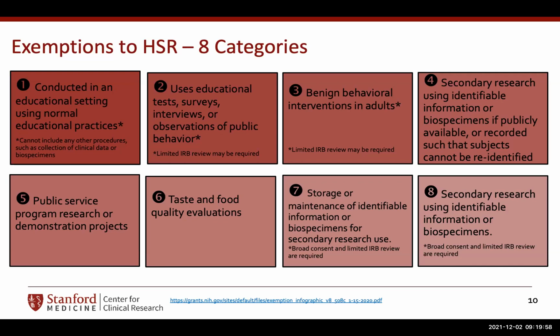This would require broad consent, and limited IRB review would be required. That goes back to the same example I just provided. And then the second poll question was about this: secondary research using identifiable information or biospecimens. Again, broad consent and limited IRB review would be required.